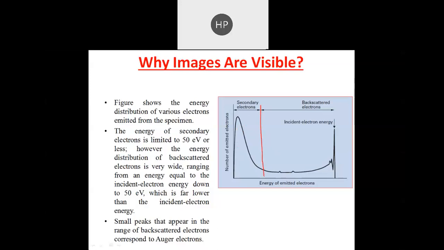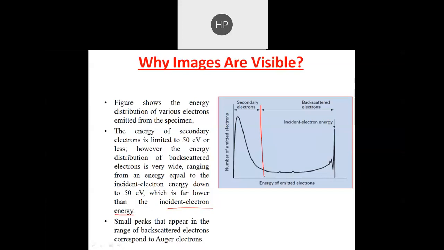But the energy distribution of the backscattered electrons is very wide. It ranges from an energy equal to the incident electron energy down to 50 electron volts, which is far lower than the incident electron energy.